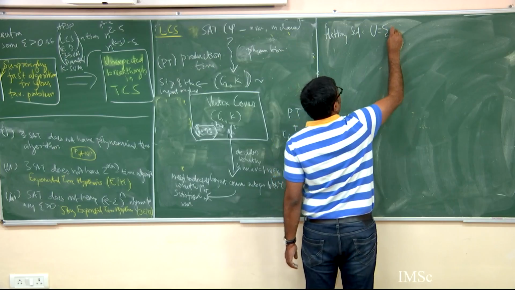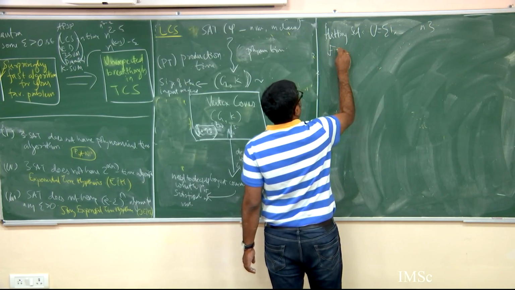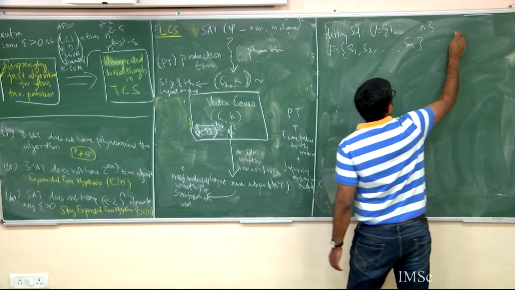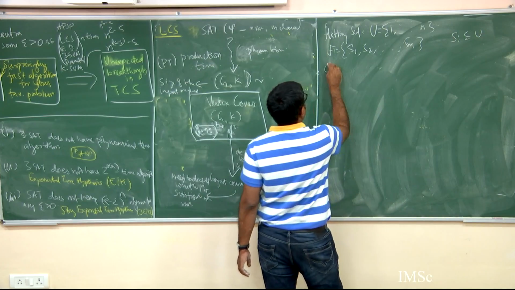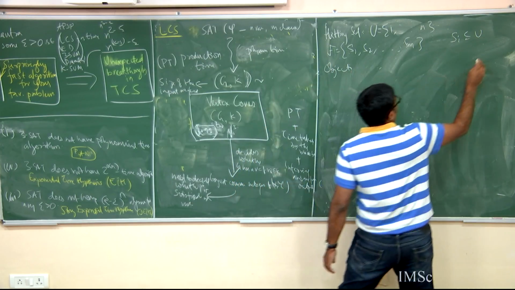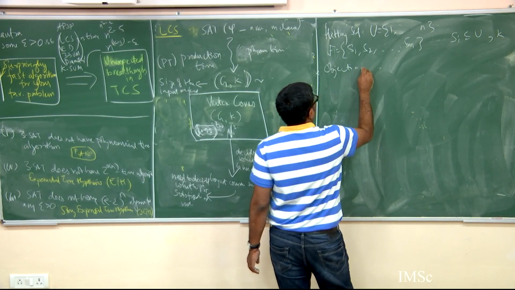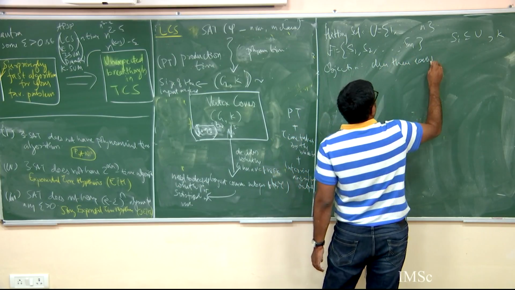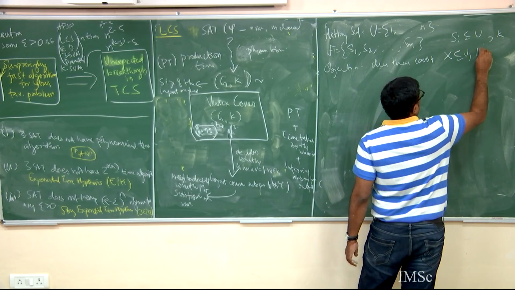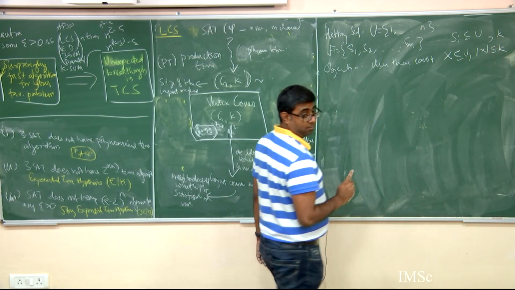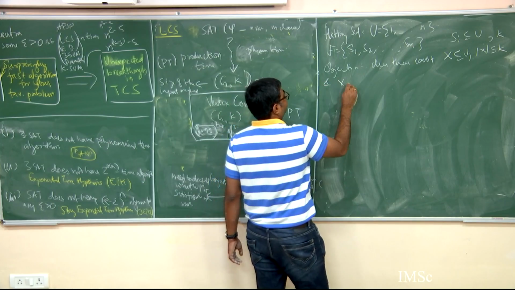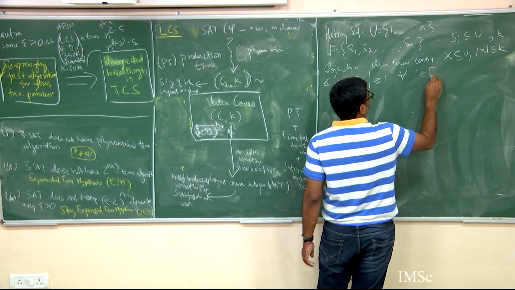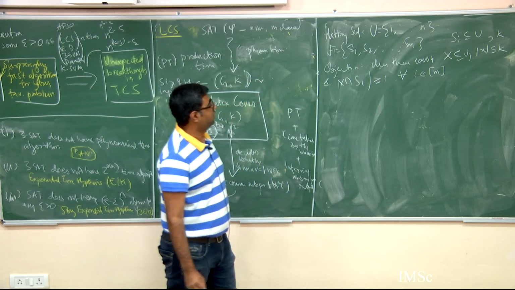You have a universe of 1 to n and a family S1, S2, up to Sm, where Si is a subset of U. Given a number k, the objective: does there exist X subset of U, with size of X less than or equal to k, and X intersection Si is greater than or equal to 1 for all i in 1 to m?